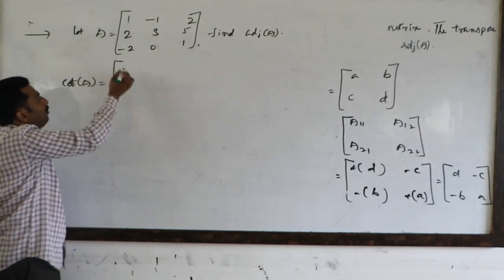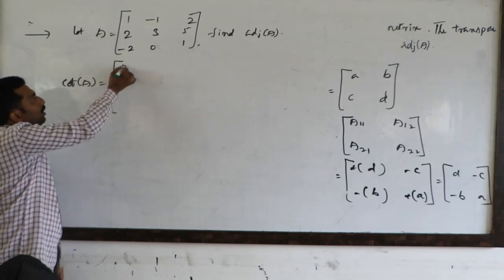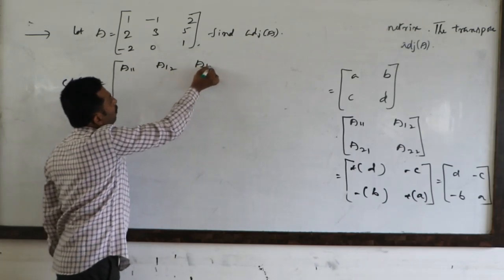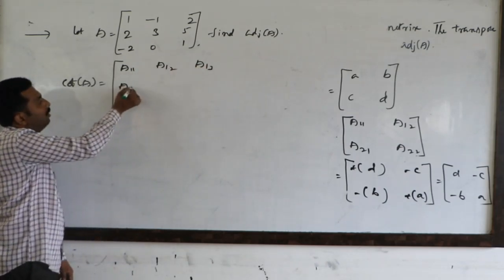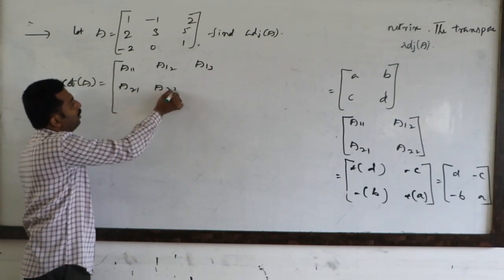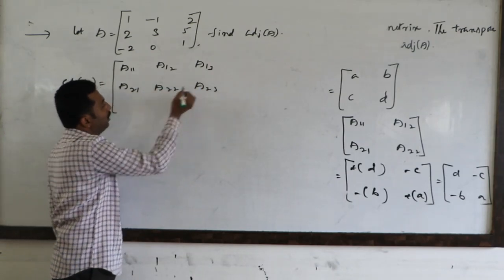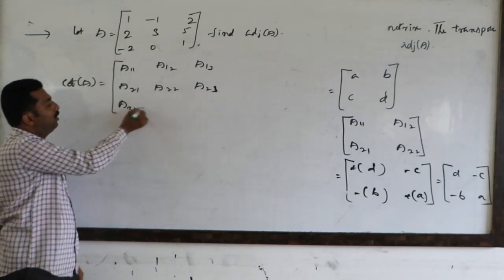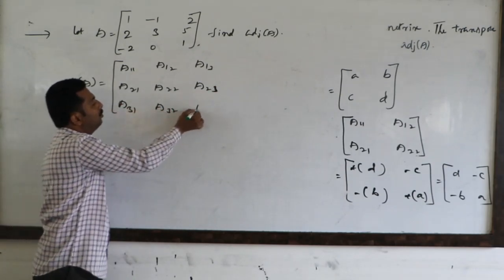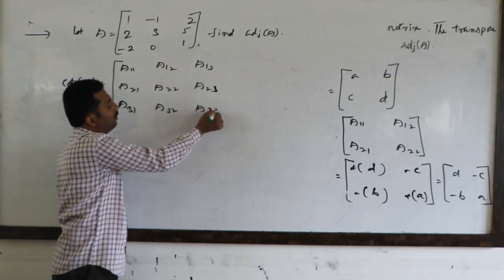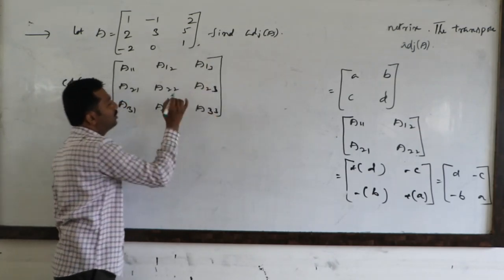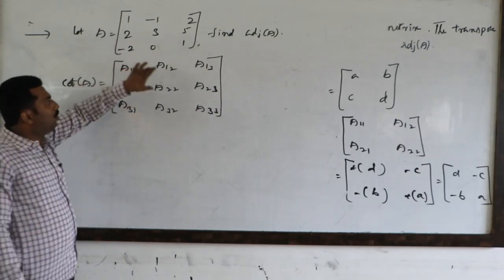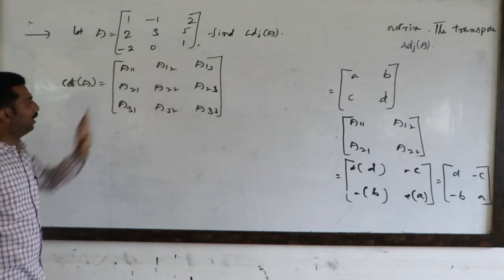This is first row, first column, so we can write A11, this is A12, A13, A21, A22, A23, A31, A32, A33. These are the cofactors, all the elements are cofactors of elements of capital A.